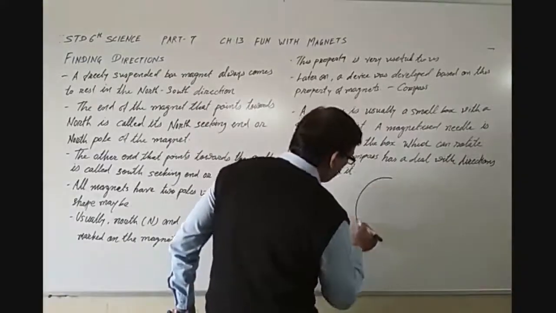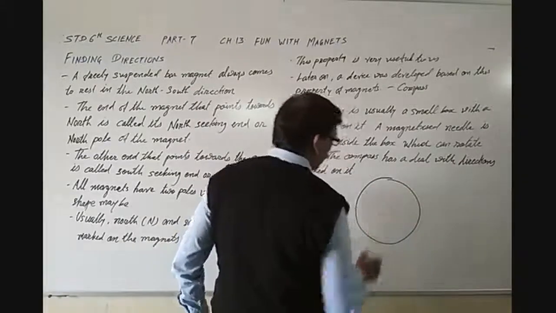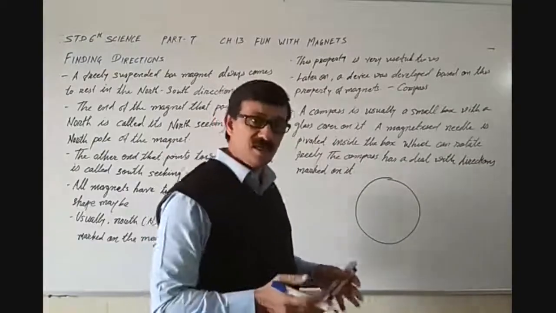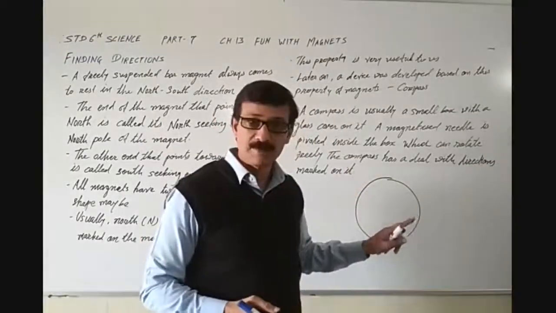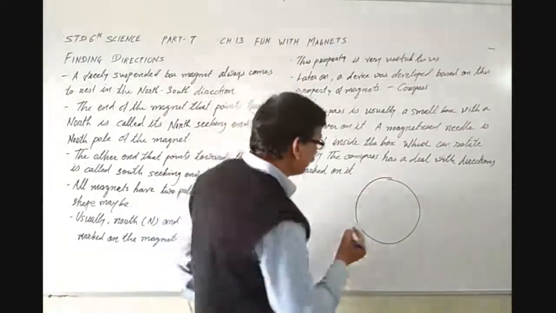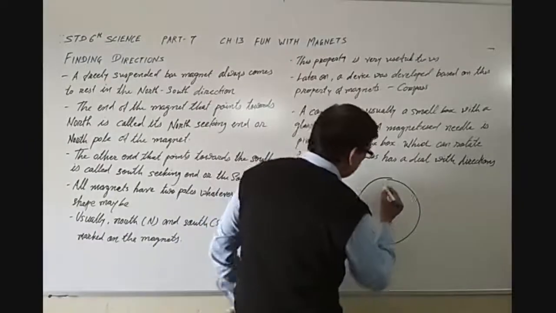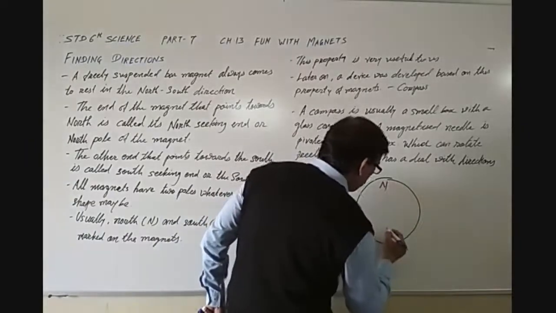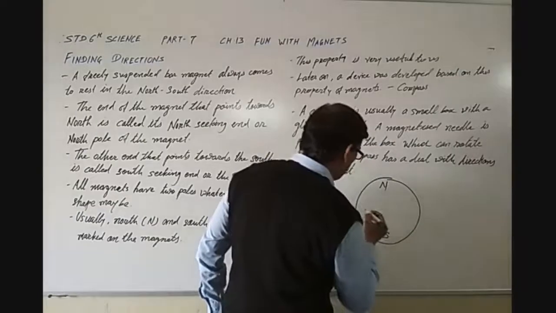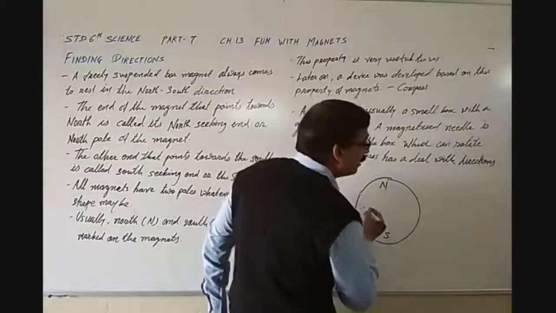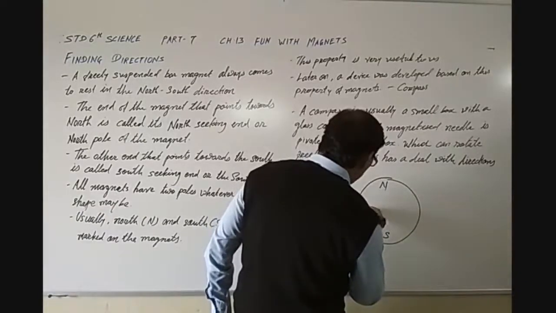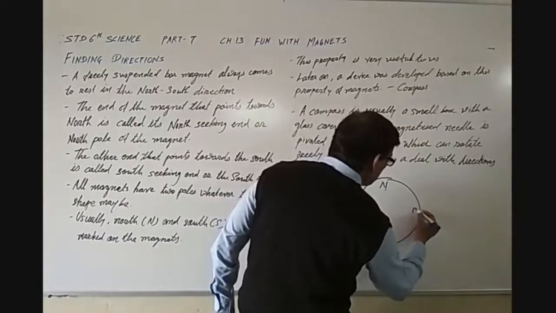See, suppose this is a compass, which is generally round in shape. Now let me write the directions. Suppose this is north, this is south. Then naturally this is west and this is east.